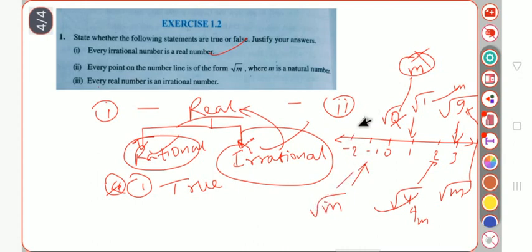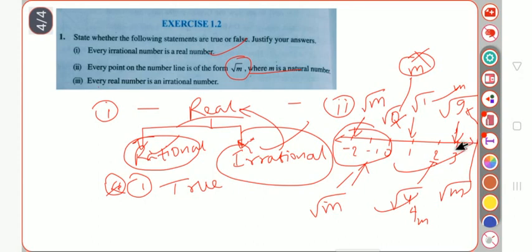Also for -2, there is no natural number whose square root is -2. So in all the negative integers and including 0, this statement fails, because here m is a given natural number. So it is not applied for all the negative integers including 0.